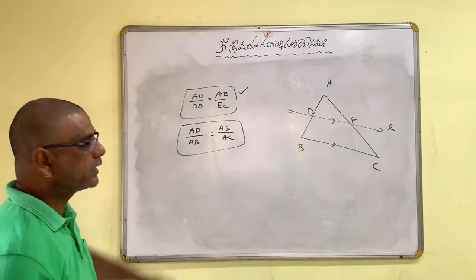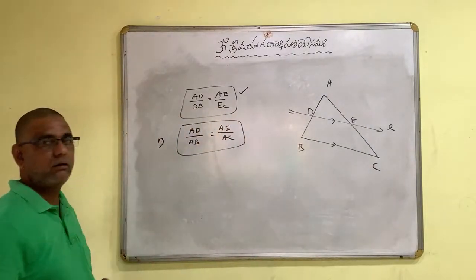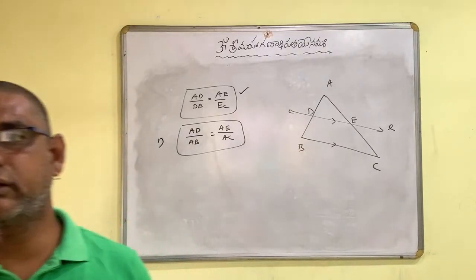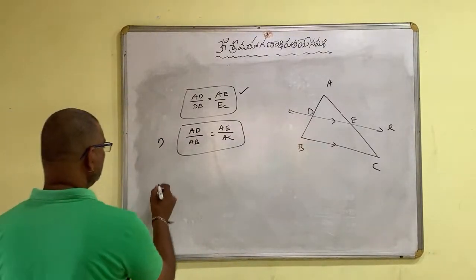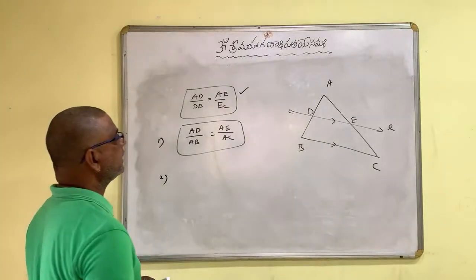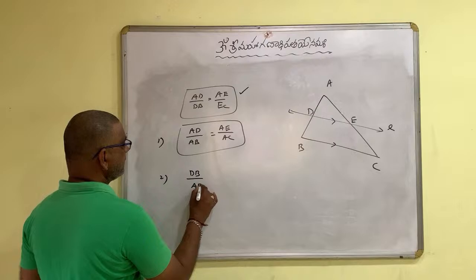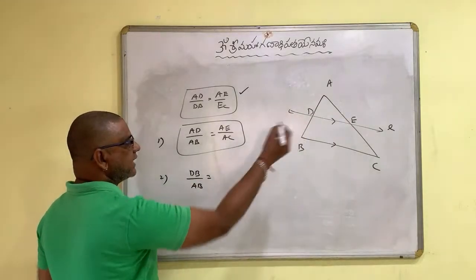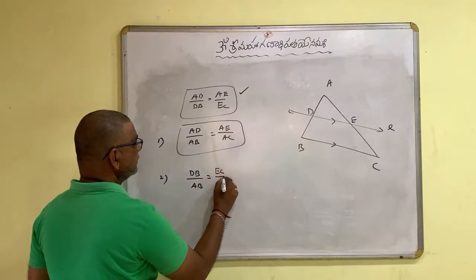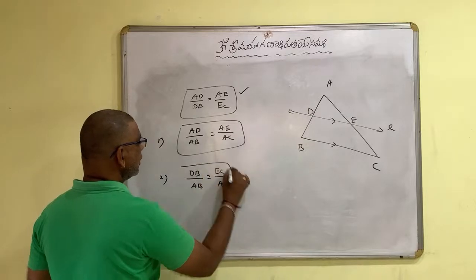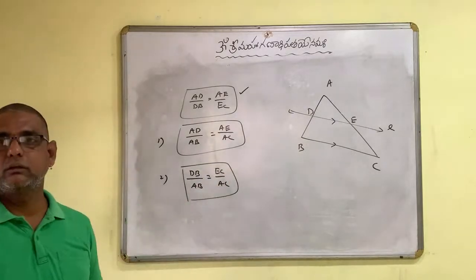Now this is also equal. This is corollary 1. Now what is the second corollary? Second part by total equals second part of that line segment by total. This is also equal.